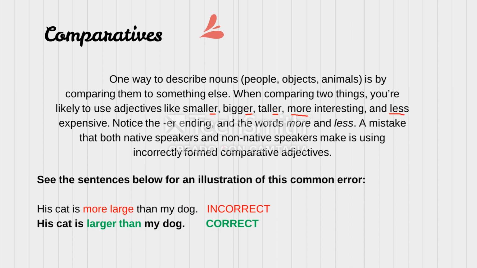Let's see the example. His cat is more large than my dog. Okay, large is a short adjective, so we cannot add more. No, this is incorrect. The correct form is his cat is larger than my dog. We have to add er at the end of the adjective.